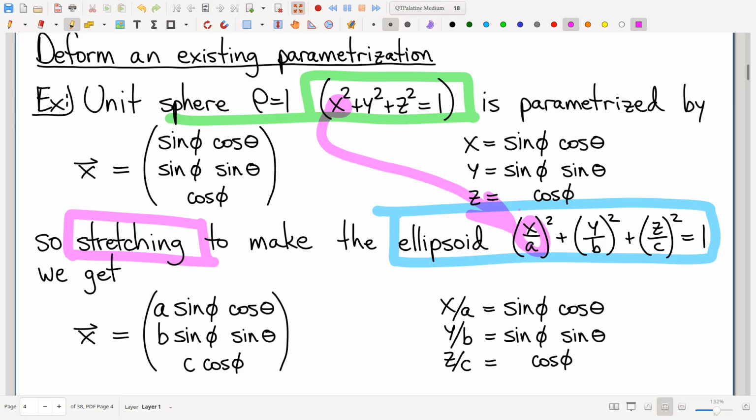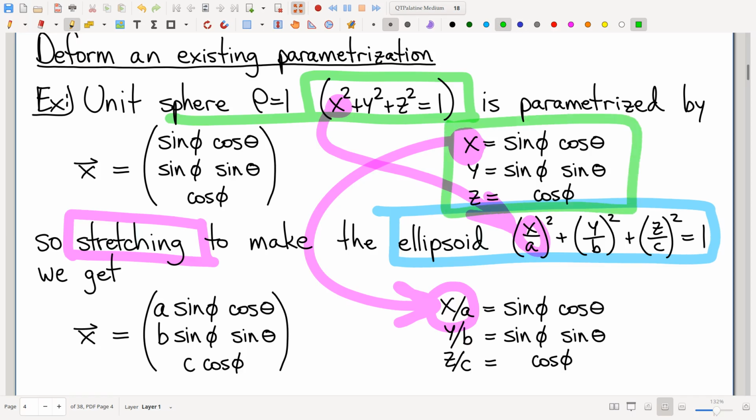How then do I parameterize the ellipsoid? Honestly, it's kind of the same thing. Everywhere you see an x, replace that with x over a. After all, the sphere is parameterized by a set of equations. That's what this is, just a bunch of equations. I tend to write it in vector form most of the time for convenience, but it is in fact just a bunch of equations.